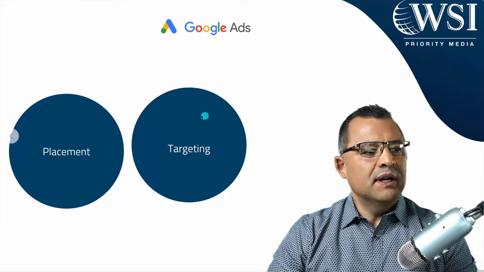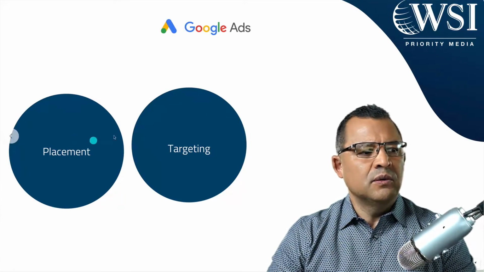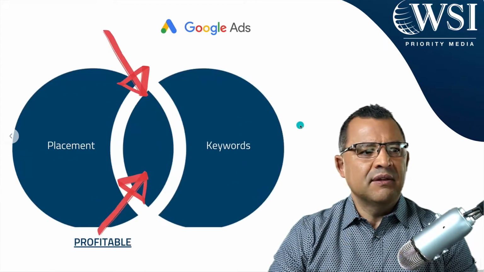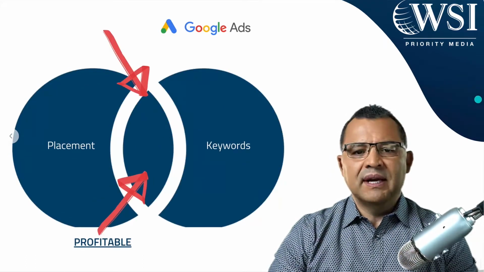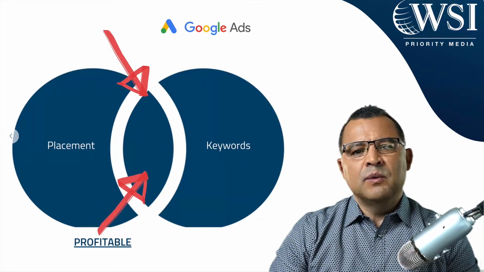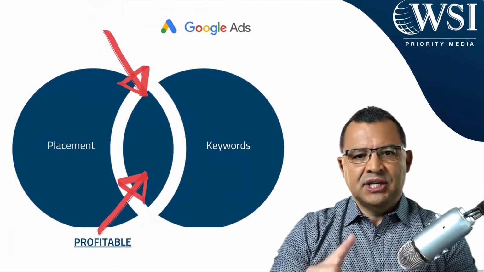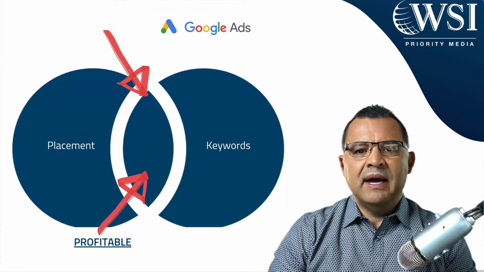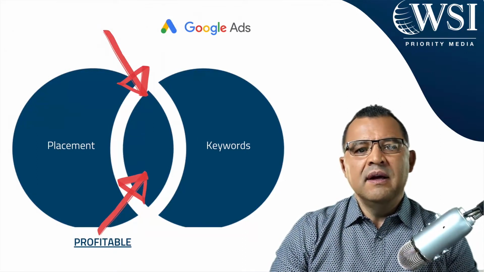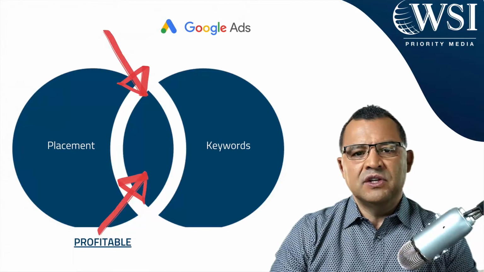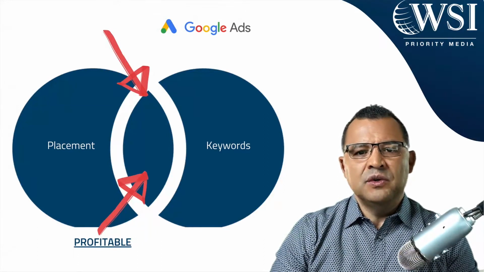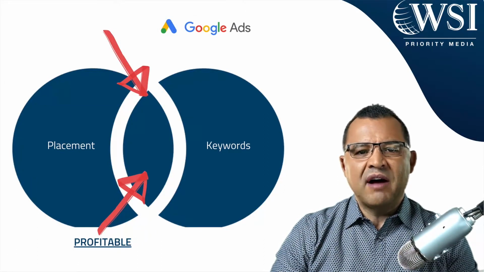And so what you want to do is you want to really work on marrying these together right here. And so bringing them together here, you refine that audience that you want to layer keywords in addition to your placements. So this way you're honing in on the part of the audience that is relevant to you. So this section where the two groups meet is the most profitable section.